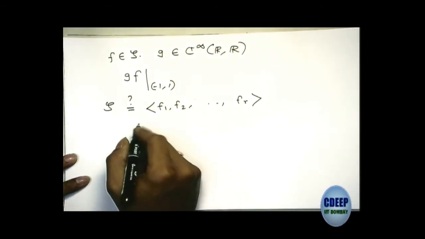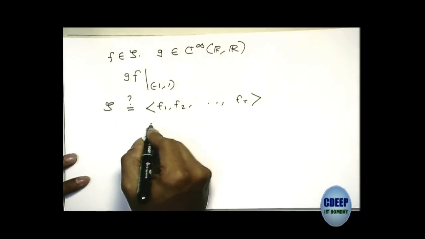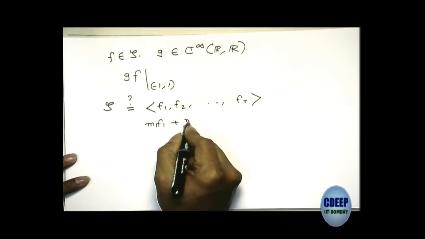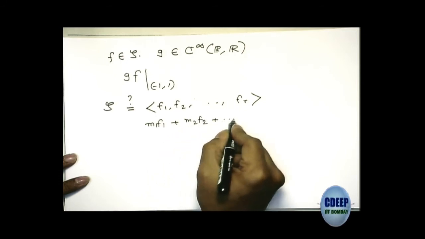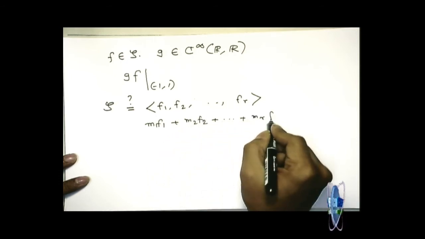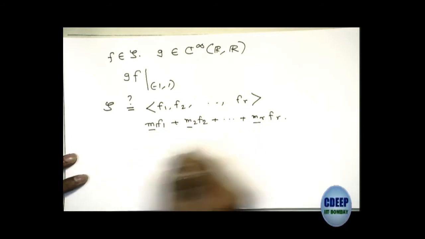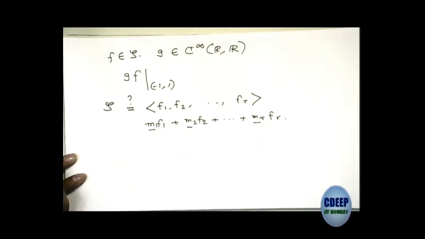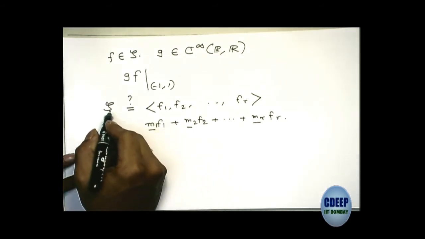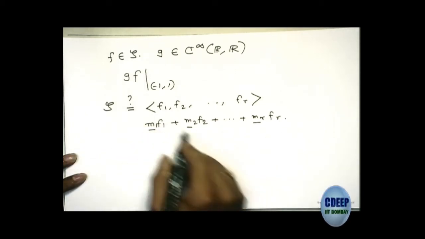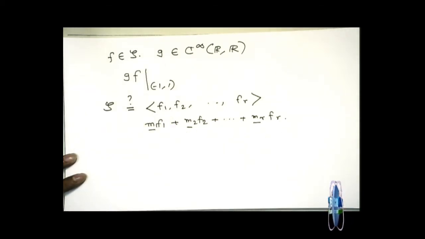It would mean that we are looking at things like m1 f1 plus m2 f2 plus dot dot dot up to mr fr, where these mi's, the coefficients, are also C infinity functions. So, we are asking whether every function in S can be written as a linear combination of finitely many functions. Well, the answer is no, you cannot write it.